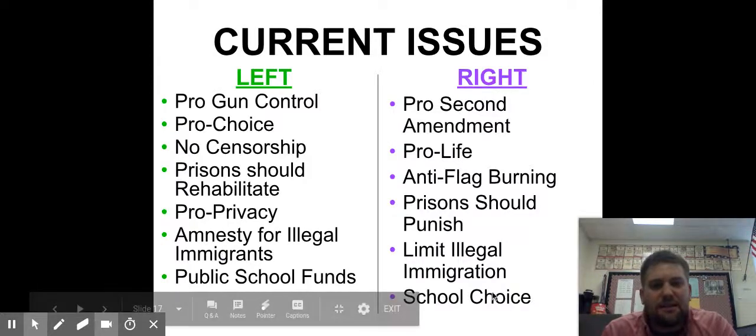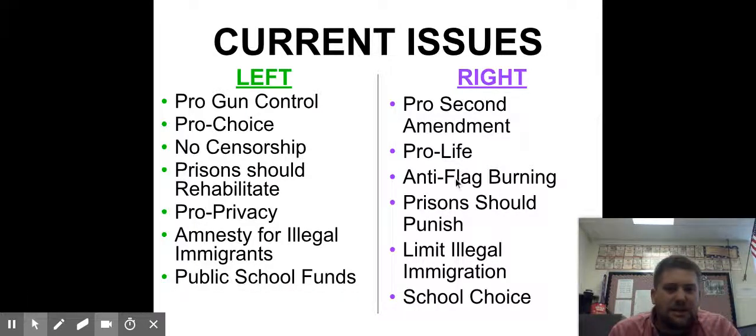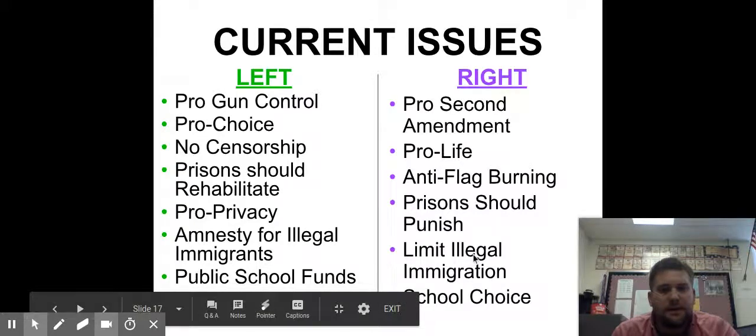On the right side, anti-flag burning, they believe that's unpatriotic. And even though they believe in free speech, they think that this is something that should be a little bit more regulated and censored. They believe that prisons are there to punish, not to rehabilitate, that you are going to prison because you committed a crime. And this is your punishment. This is your consequence. And hopefully you learn from that. They want to limit illegal immigration.